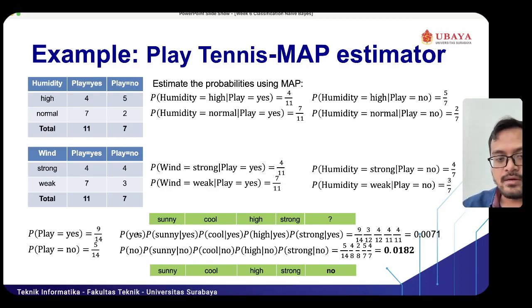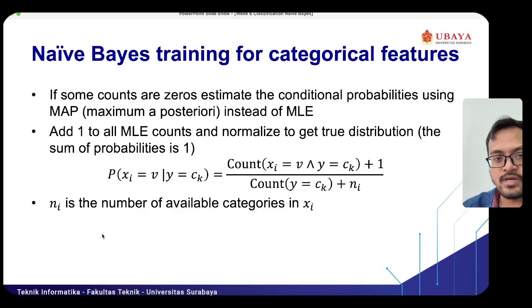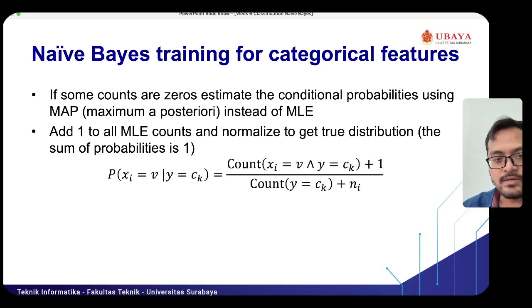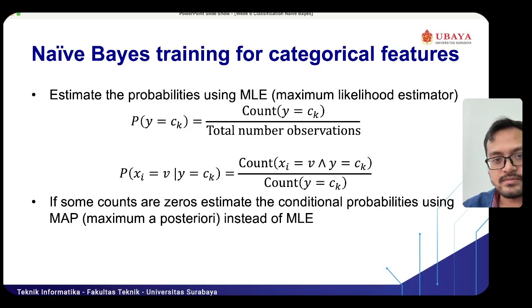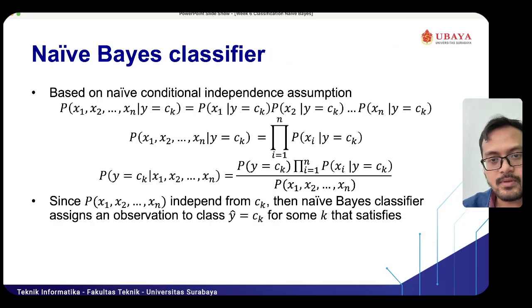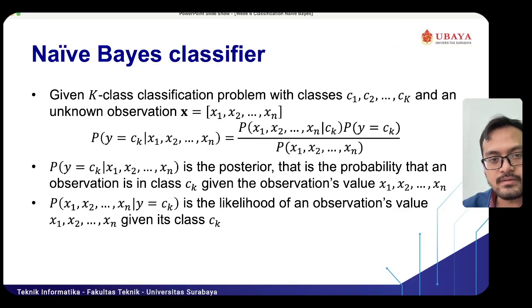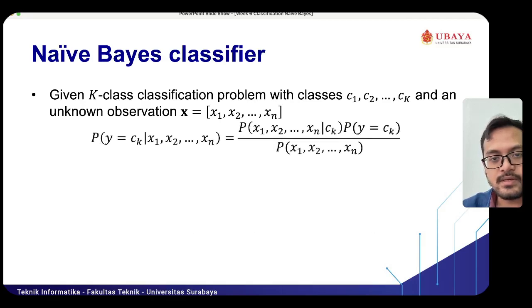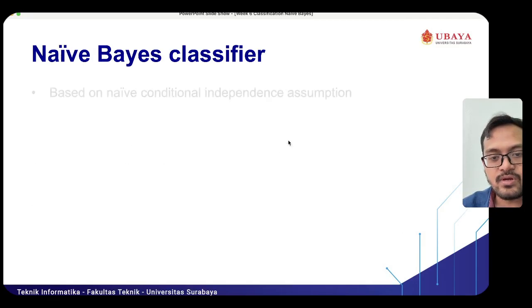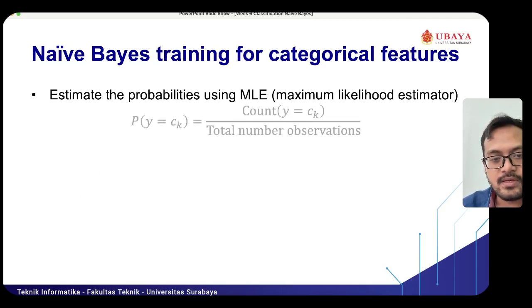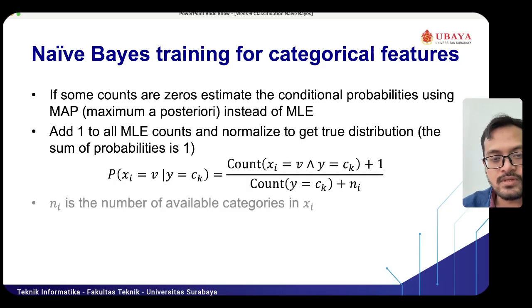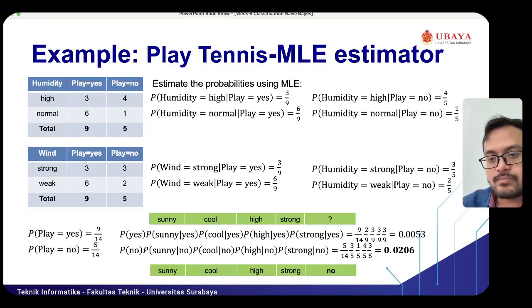I think this is very simple, because if we know the formula, this is the formula for calculating naive Bayes classification. This is the basic formula in naive Bayes, but if we look at the example, this is how that formula works.